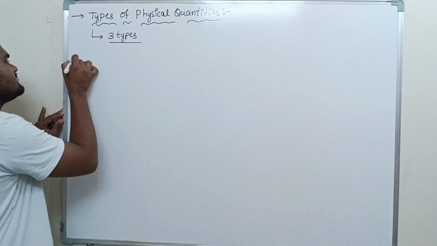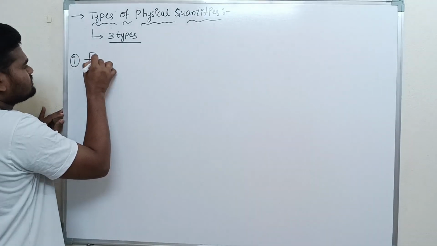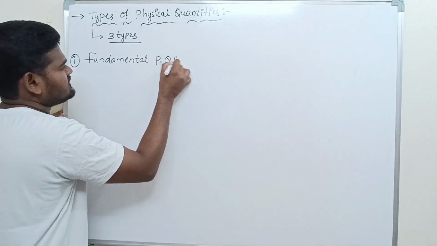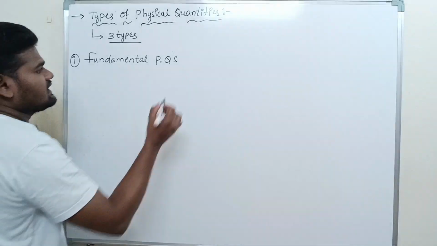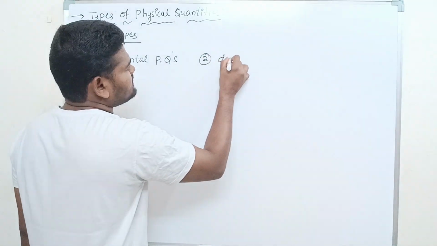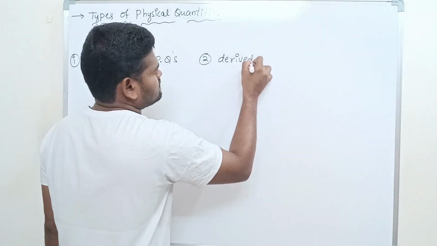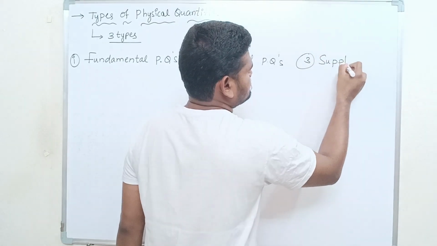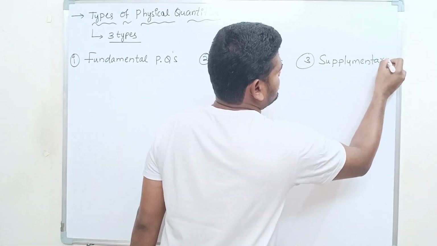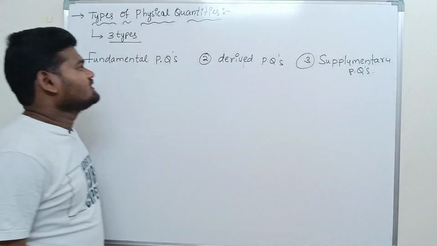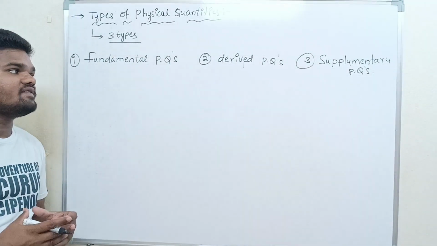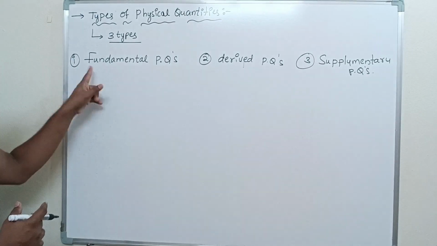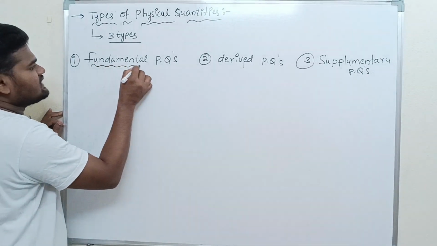The first one is fundamental physical quantities, the second one is derived physical quantities, and the third one is supplementary physical quantities. First we are going to discuss fundamental physical quantities.